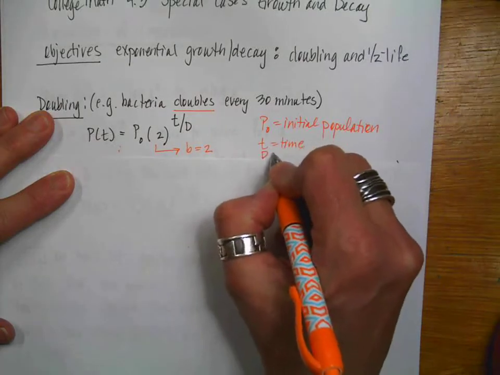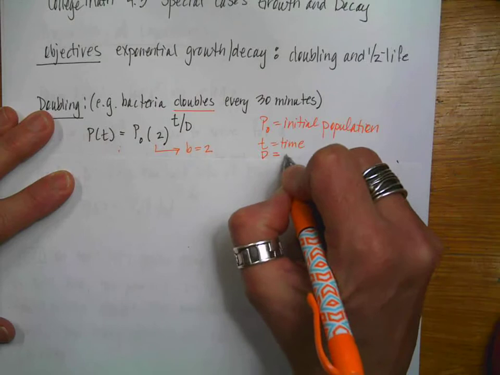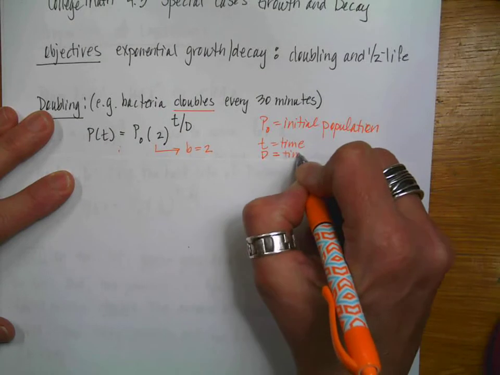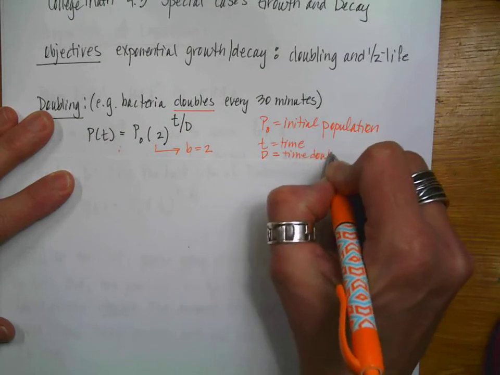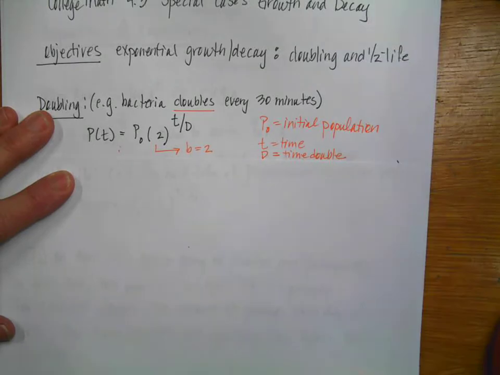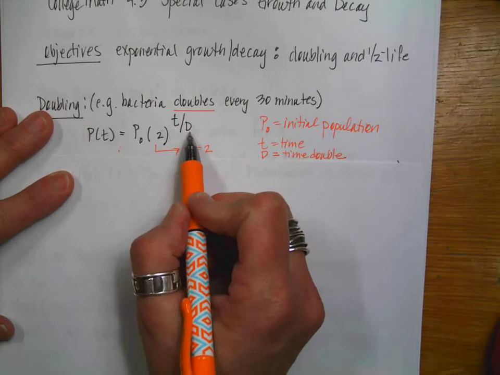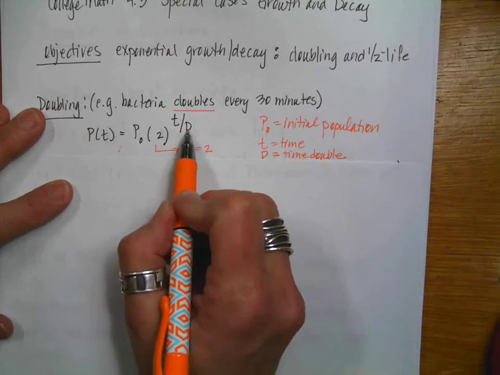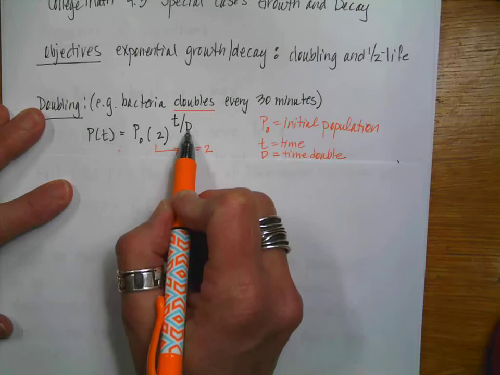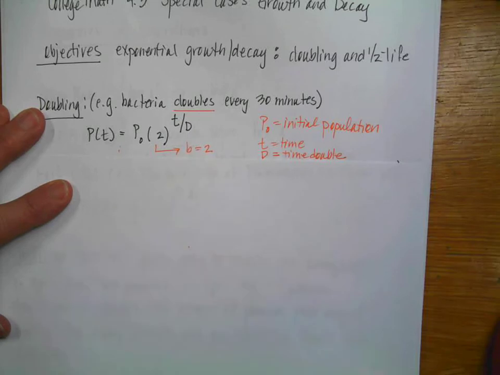And then in this particular model, d is going to be equal to the time to double. So however often it takes for the time to double. Okay, so it's just a slight variation of the formula that we've already used, meaning that I'm going to divide by the time that it takes the function to double.